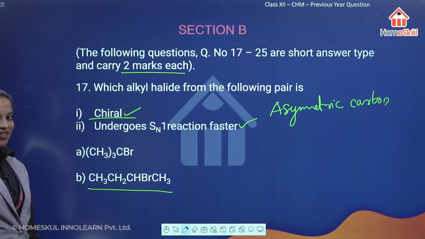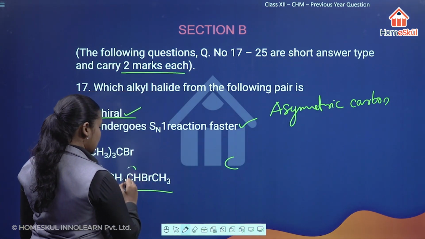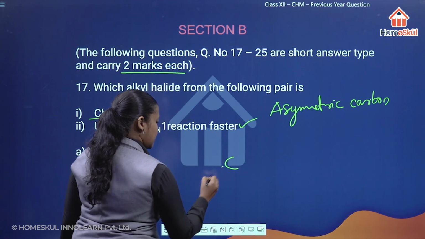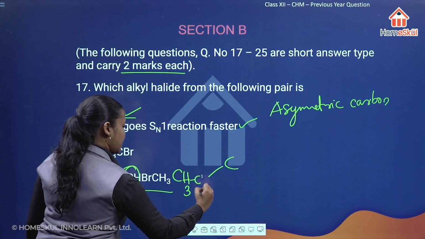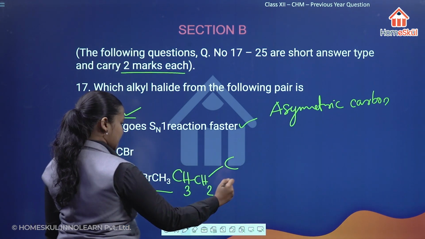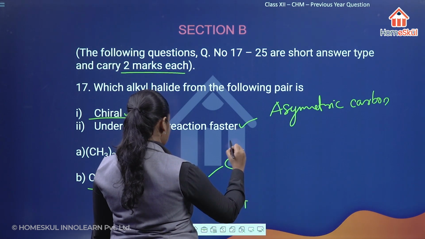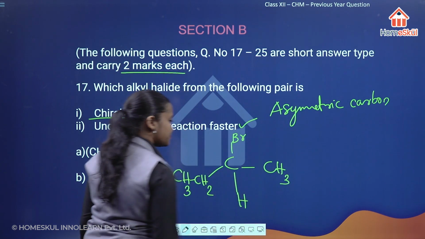The second option. Here, let me write like this. This carbon has CH3, CH2, and one valence is H, one is Br, one is CH3.